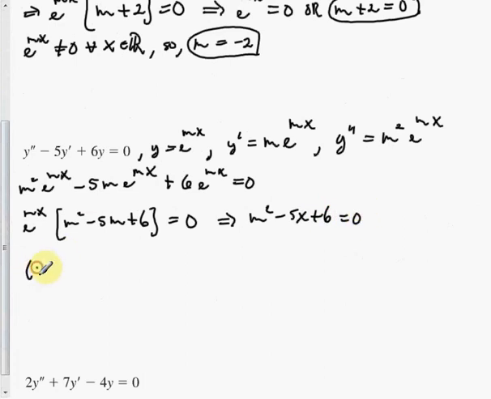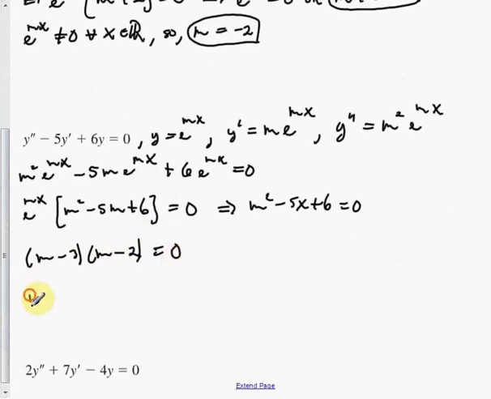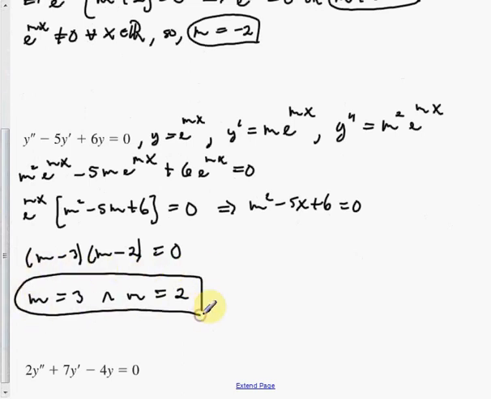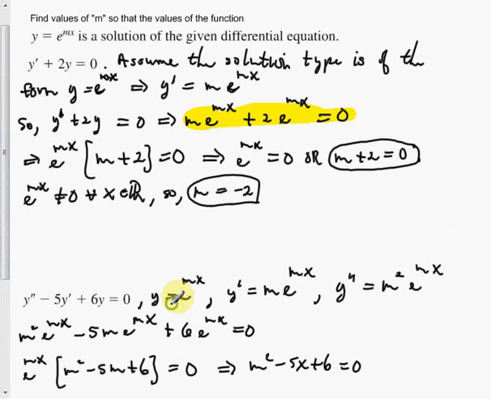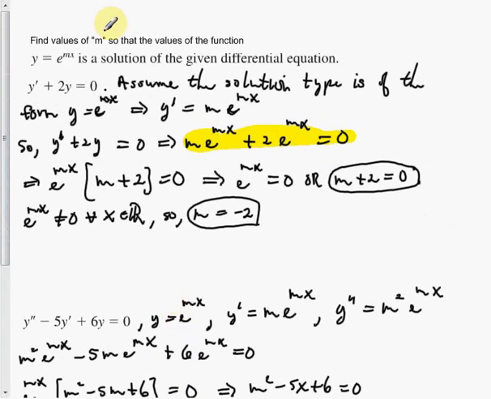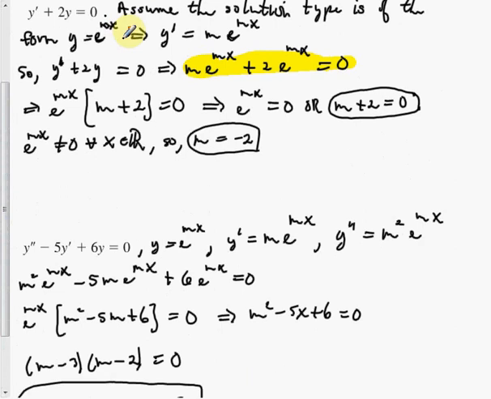We can factor that: m minus 3 and m minus 2 equal to 0. So m equals 3 and m equals 2. The question was, can you find the suitable m? That's all we're looking for. Find values of m.